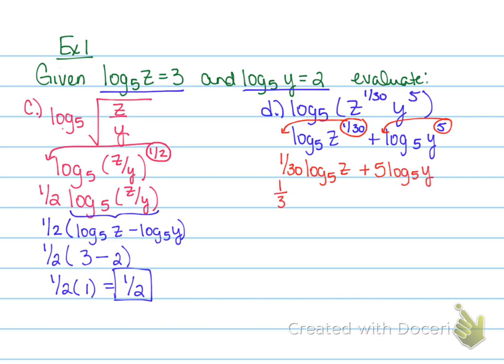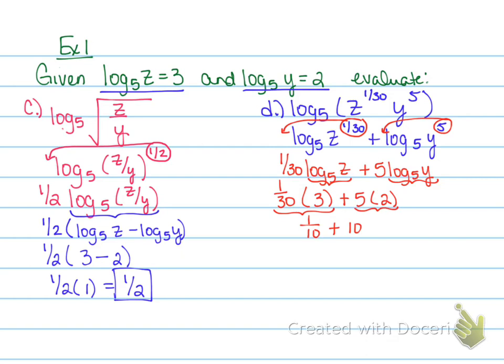Well, we know we got 1 over 30 times log base 5 of z is 3 plus 5 times log base 5 of y is 2. And so when I multiply 1 over 30 times 3, I get 1 over 10. Plus 5 times 2 is 10.